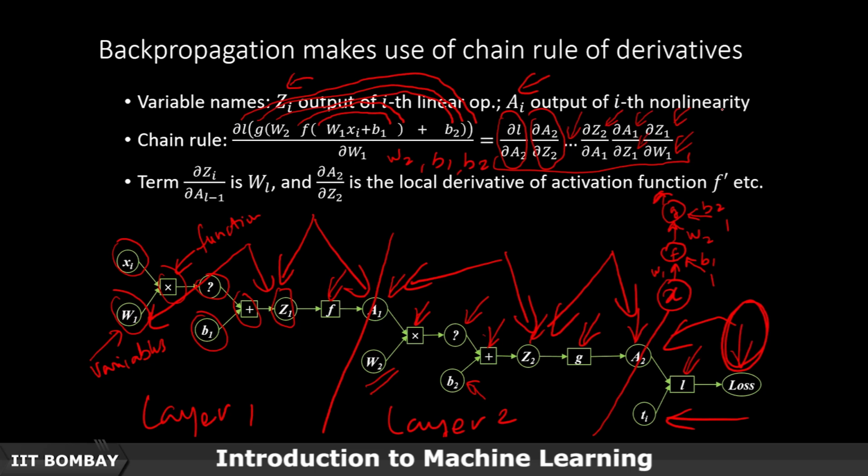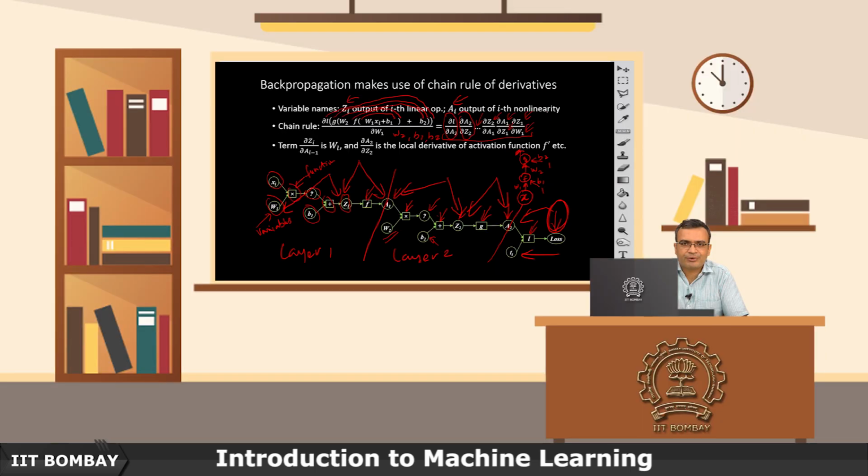Okay, so you will notice that in this entire chain rule of derivatives, there are 2 types of terms that come again and again for multiple layers, for 2 consecutive pairs of layers.